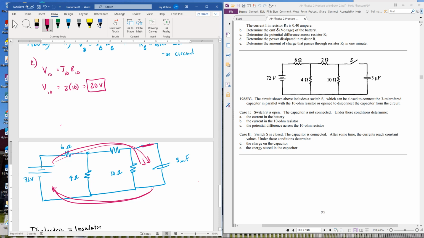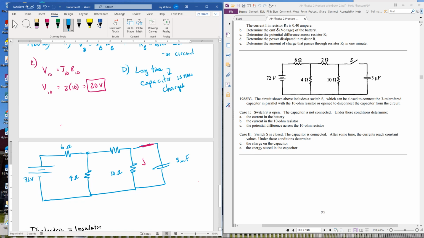But we're not looking at the first moment. When are we looking at it? We're looking at it, once again, at that long time. Capacitor, what they're saying to you is the capacitor is now charged. Long time, currents are constant.